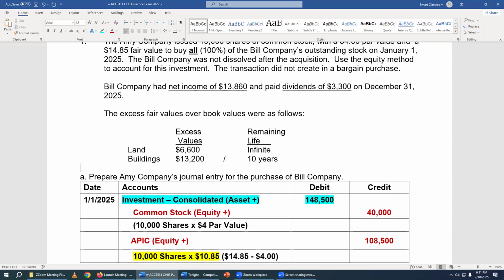We do need a little more depreciation here though, because, hey, what happened? We have 50,200 excess value in buildings and it's gonna last for 10 years. So divide by 10, comes out to $1,320.